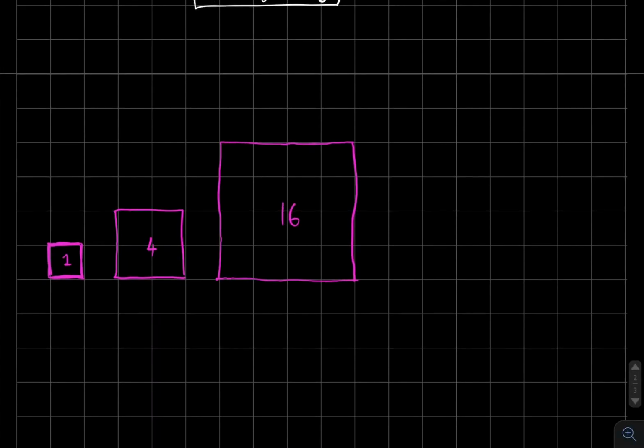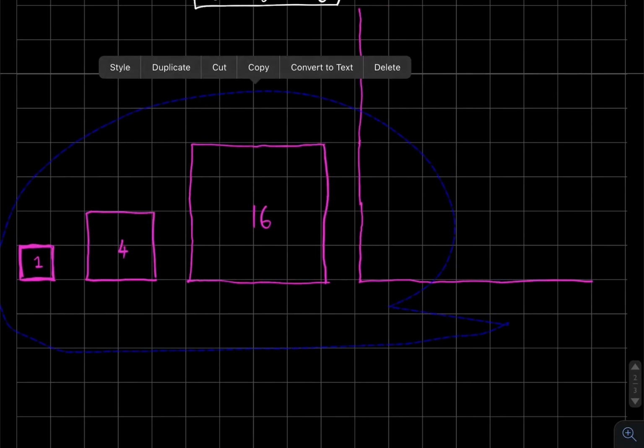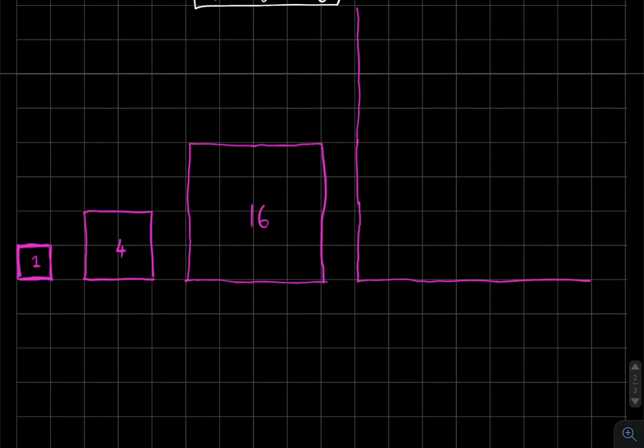So if we continue this process, we would see that the size of our square keeps on increasing. I'm not sure whether this is going to fit. We've run out of space. Let me try and move this a bit to the left, to try and align it. Okay, let's see whether everything is matching up now.